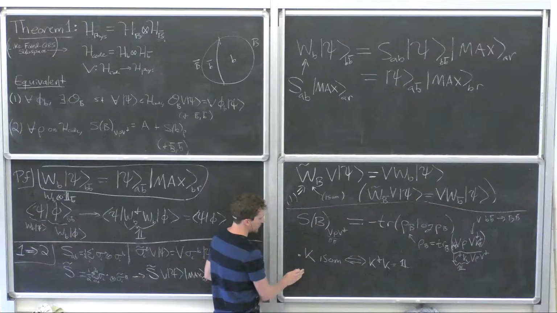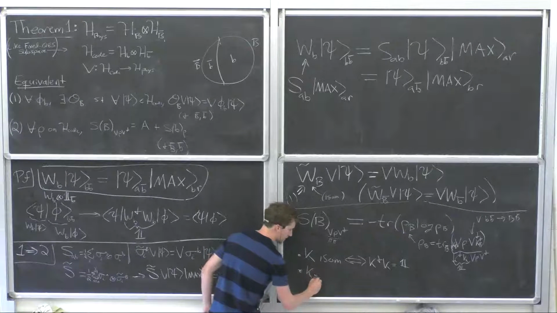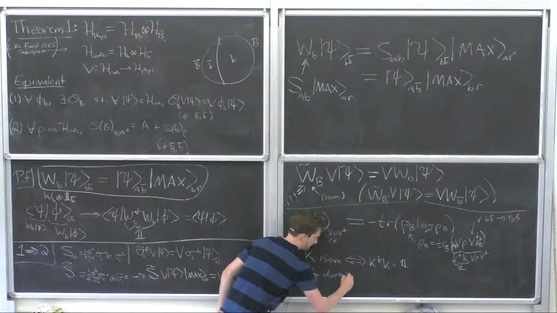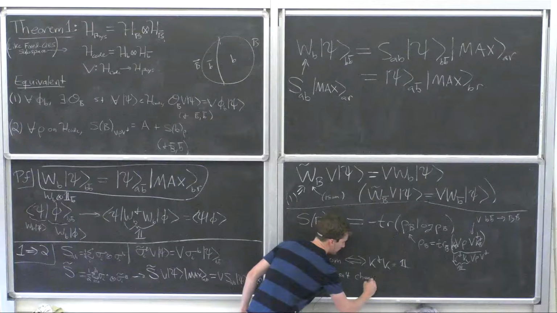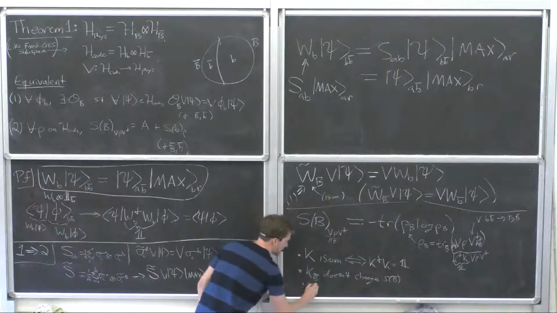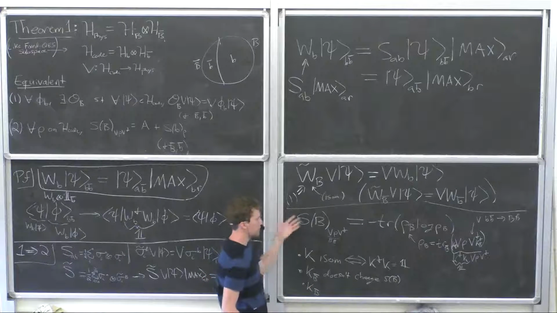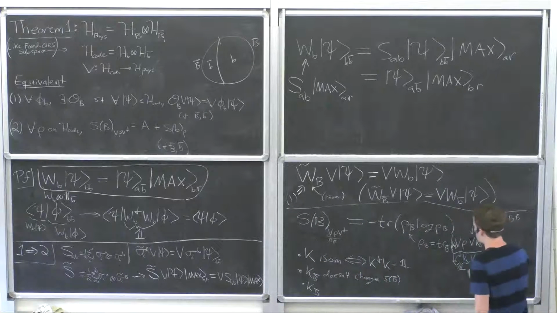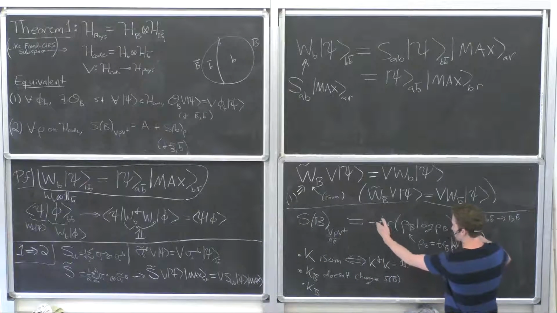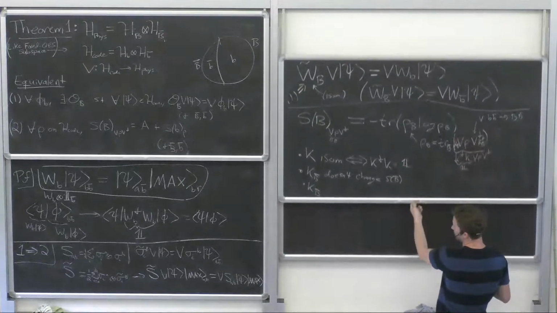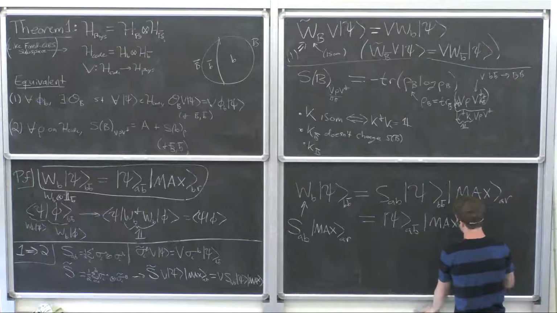Okay, so we've concluded that K on B bar doesn't change S of B. What about K on B? An isometry on B, does that change S of B? Maybe, it seems like it could, right? Because how would we take this formula and insert K acting on B? Well, I'm going to erase this.